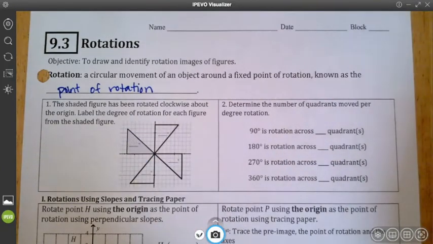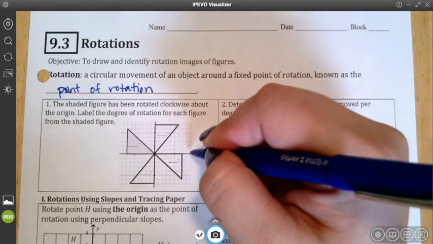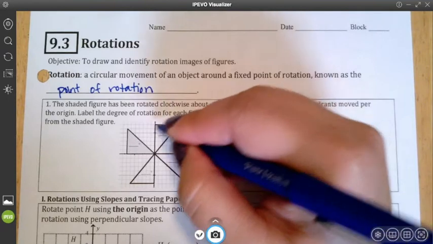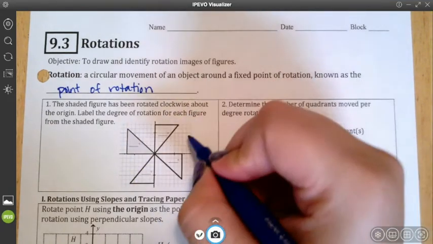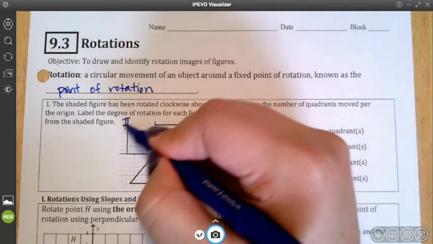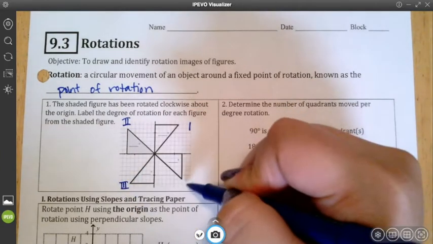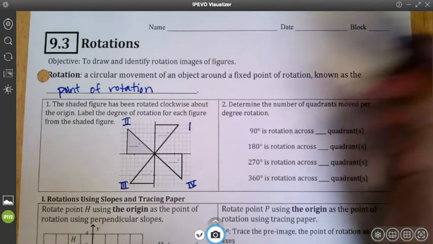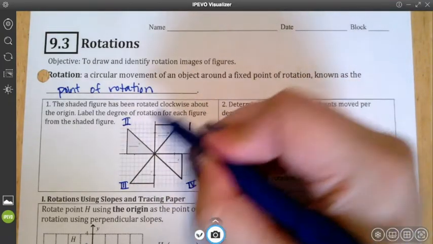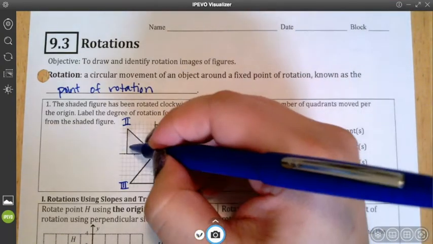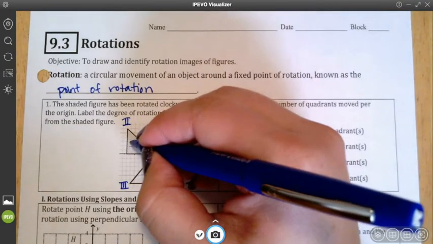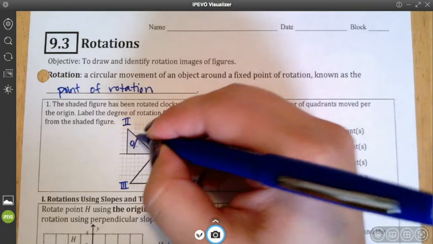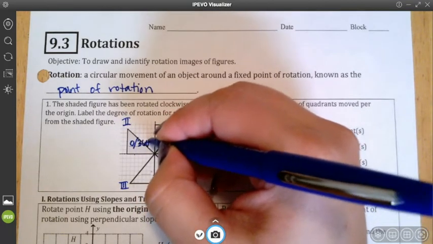If I rotate, I always rotate counterclockwise. So think about when I'm drawing angle measurements or something, I'm measuring usually from the positive x-axis. So we always say this is quadrant 1, 2, 3, 4. So we're always counting in a counterclockwise manner. So when I'm rotating, I'm also going to rotate in a counterclockwise manner. So I can say this has been rotated 0 or a full 360 degrees.